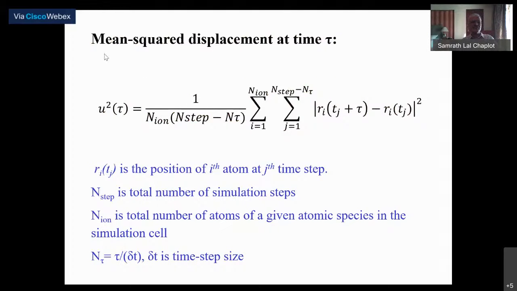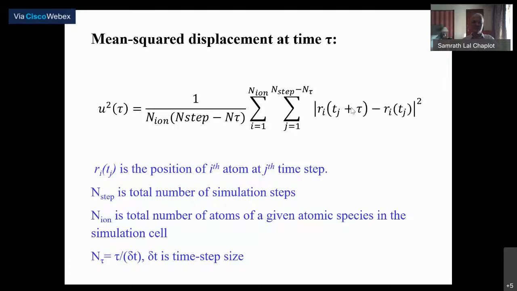Okay, another quantity that we calculate is the mean square displacement as a function of tau. So it's again just, for the same atom i, how the distance between its position at time tj and time tj plus tau changes.